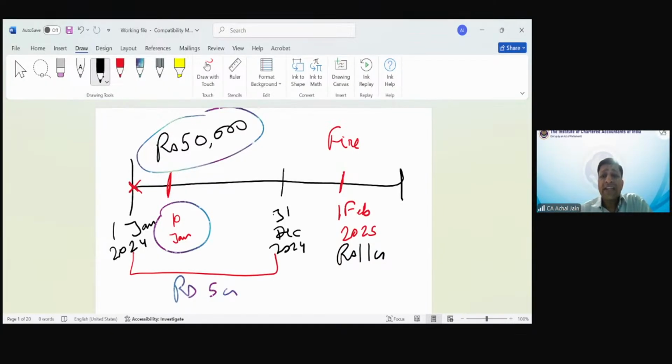Now the question arises: for this loss of 11 crore, when should the accounting be done? When will you record this loss? It's not about the insurance period, it's the reporting period. It's happening after the reporting period.